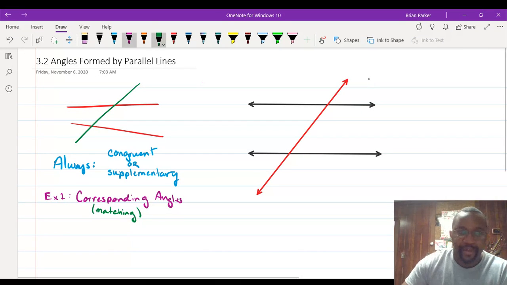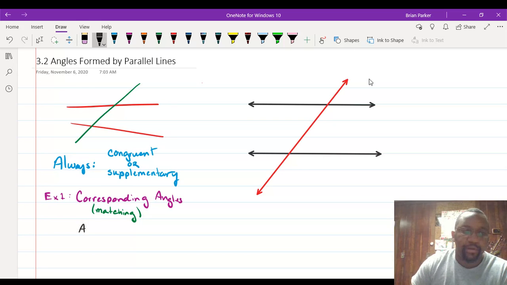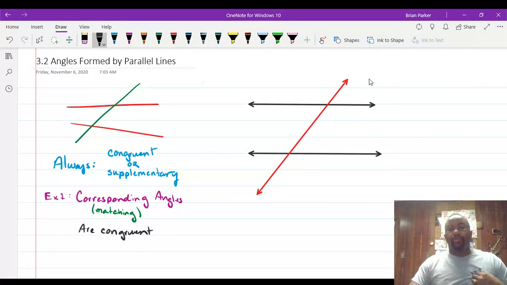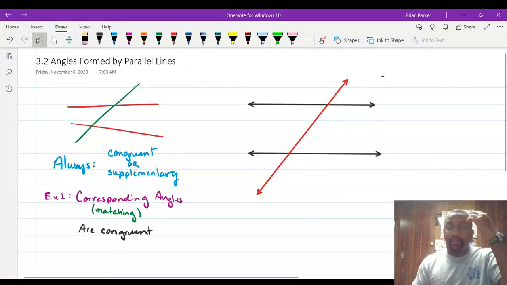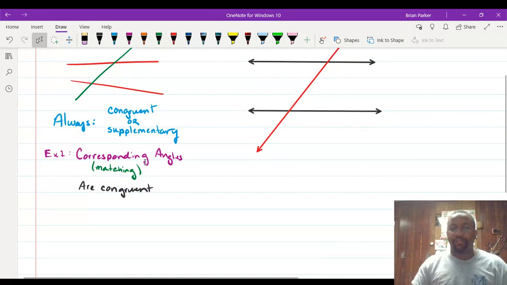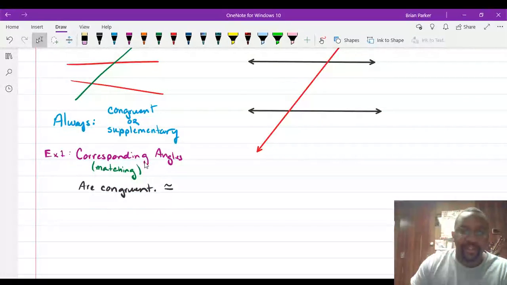Corresponding angles are always going to be congruent. There's a whole postulate for that and everything. When the lines are parallel and cut by a transversal, corresponding angles are congruent. Don't forget that's the symbol here.